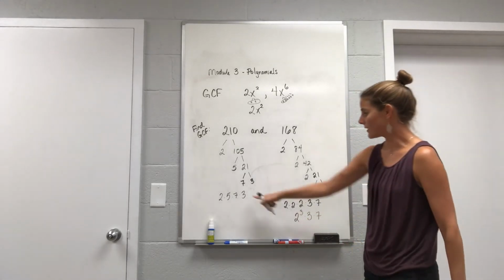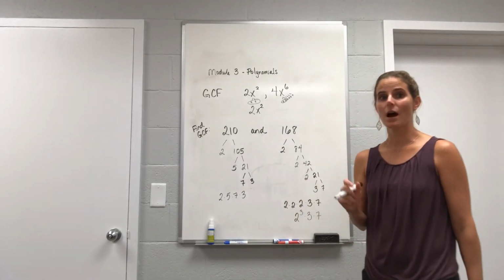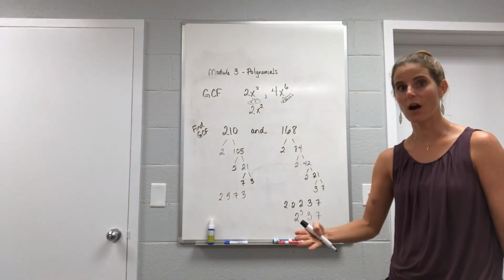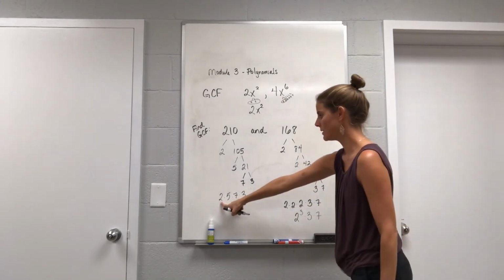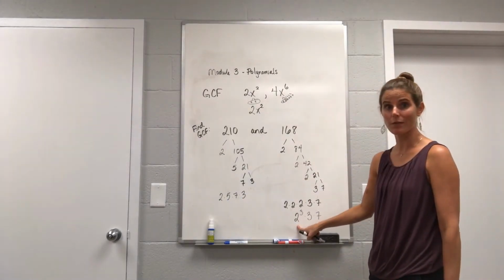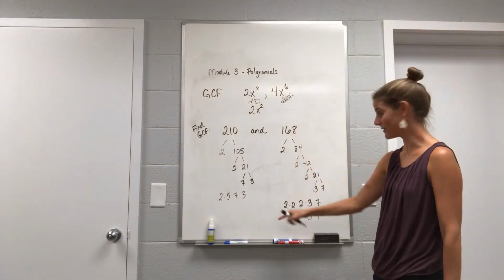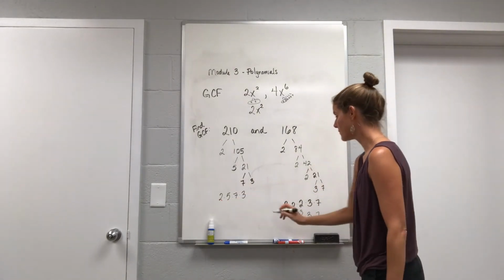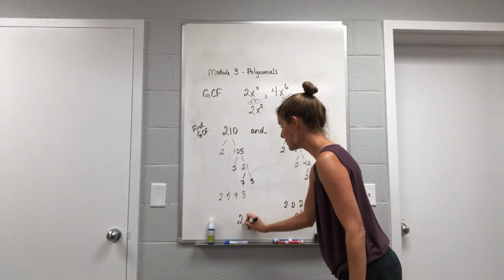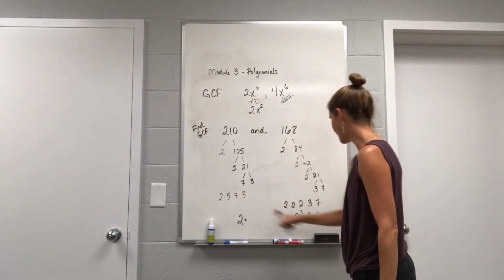Now I'm going to compare these, and what I'm looking for is the greatest common factor, so the most that are common of each of the factors. So notice that I have 2 here, I have 3 of them here. The most that are in common between the two is 1. So the GCF is going to be 2 times, and then I have a 5.